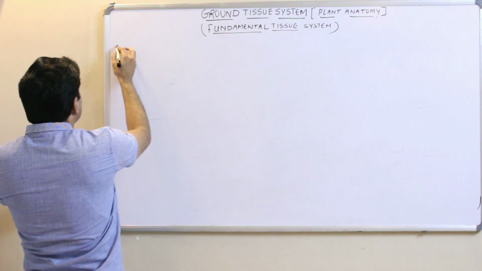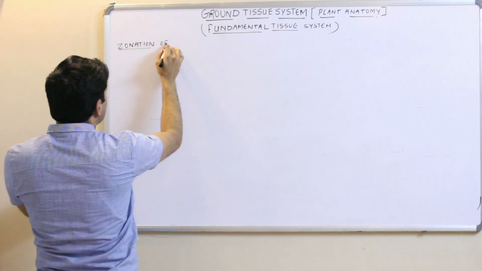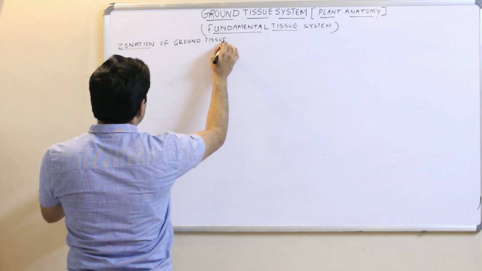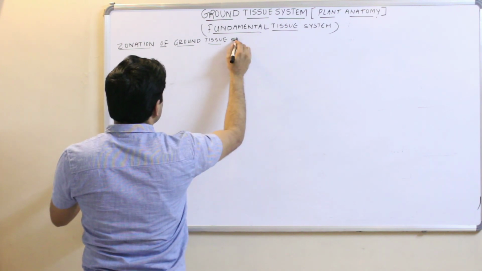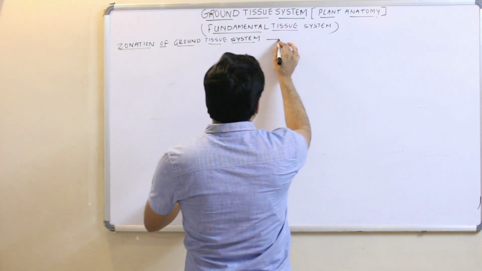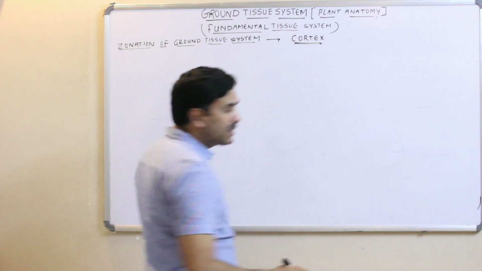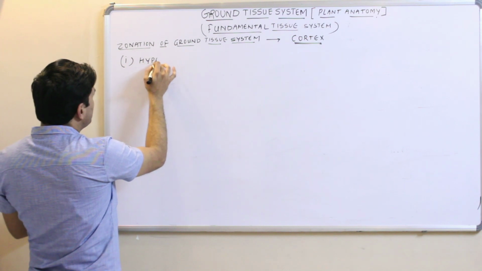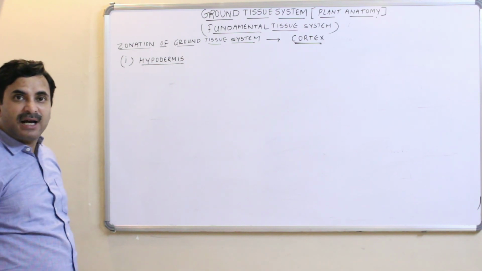We are studying the zonation of ground tissue system, and we are studying the first zonation, and that is cortex. Now what is the first part of the cortex? First part is the hypodermis.